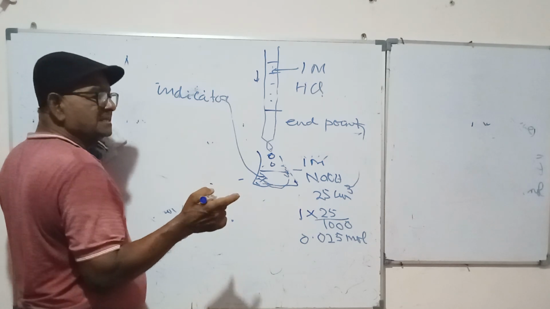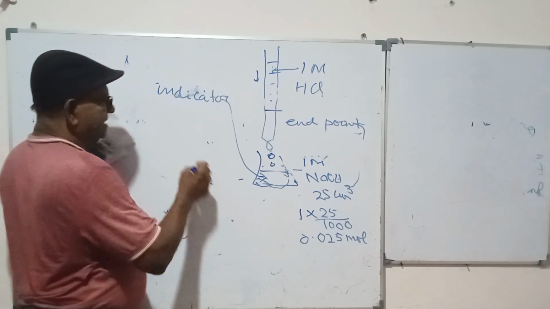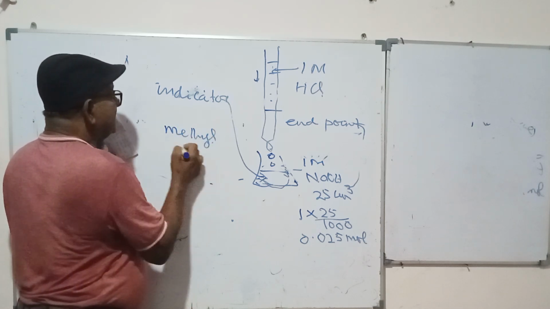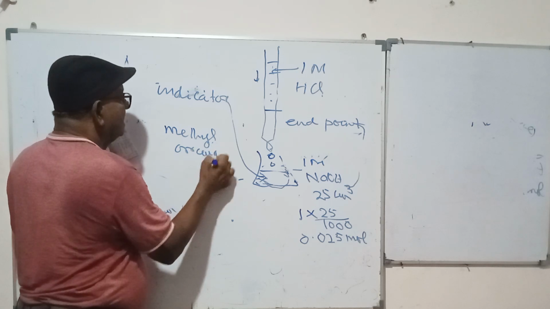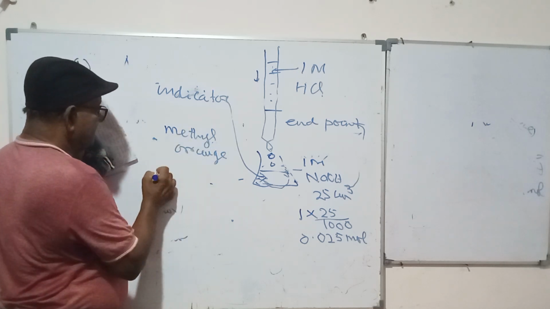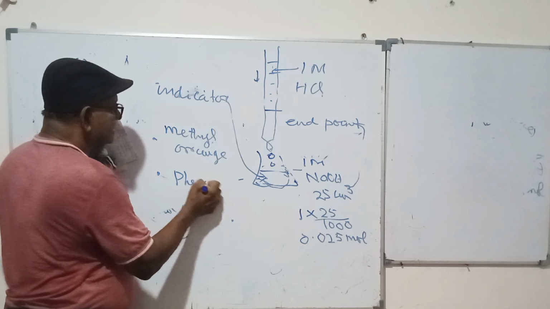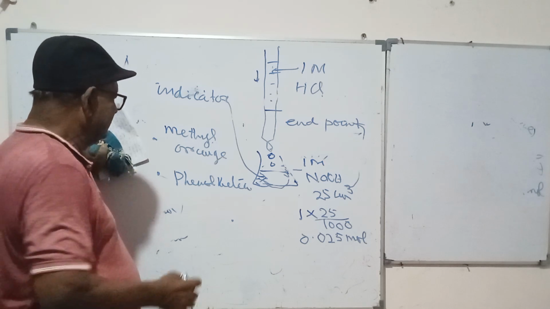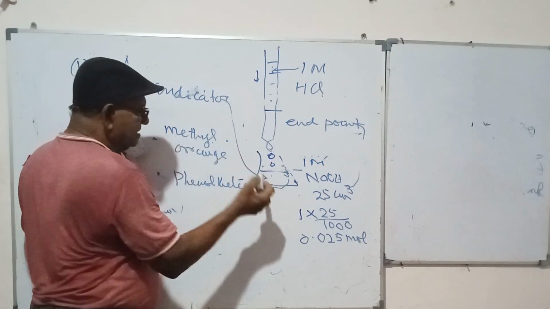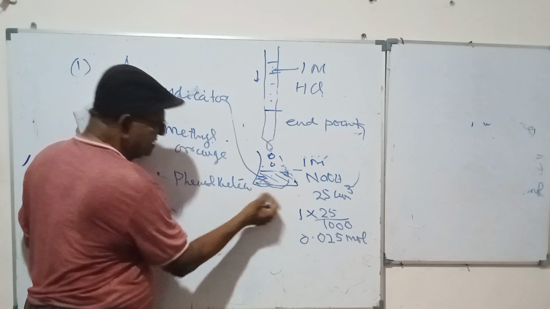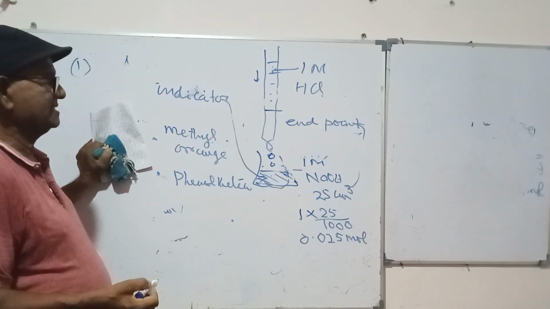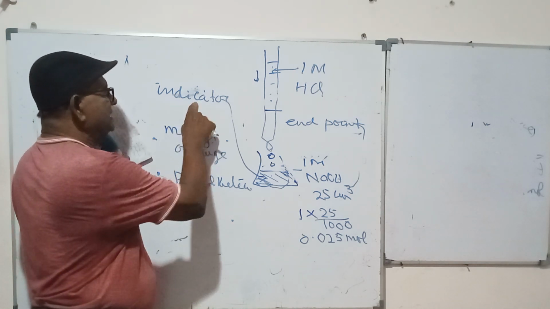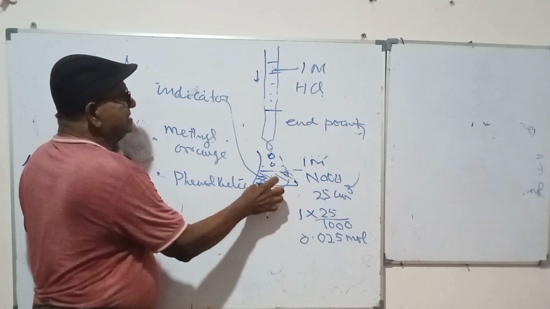So you know the typical indicators: methyl orange, one indicator, and phenolphthalein, another indicator. If we add a few drops of methyl orange, that solution gives orange. So the methyl orange indicator gives orange color in the basic medium.